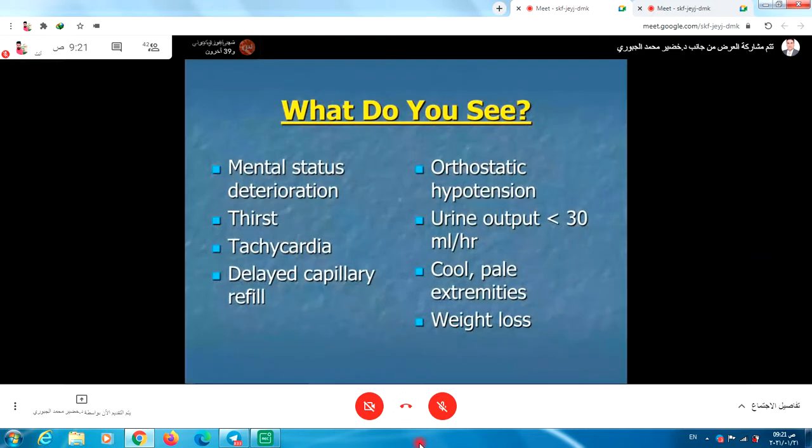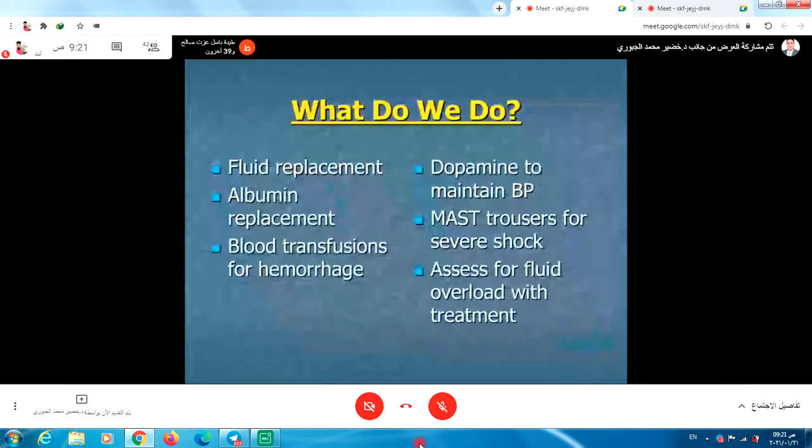Thirst, tachycardia, delayed capillary filling, hypotension, decreased urine output less than 30 ml per hour, cold pale extremities, and weight loss. All these are signs of hypovolemia. What do we do for a patient who lost fluid?